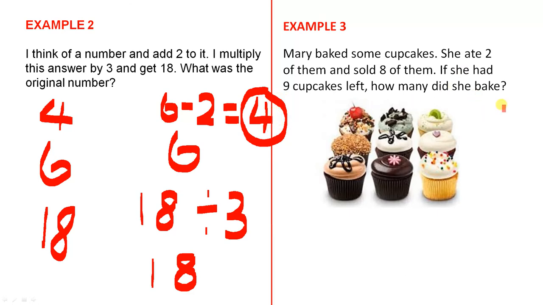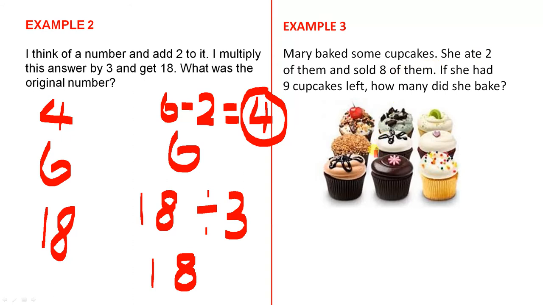Example 3. Mary baked some cupcakes. She ate 2 of them and sold 8 of them. If she had 9 cupcakes left, how many did she bake? Now here is the 9. Now it says she ate 2 of them and she sold 8.